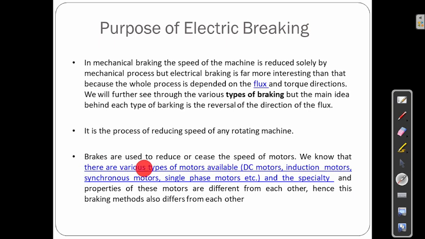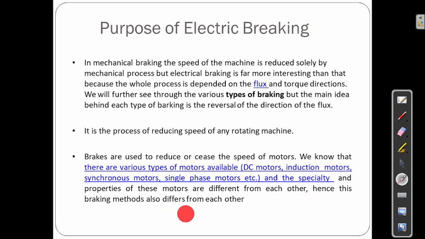Now, brakes are used to reduce or change the speed of the motor. We know that there are various types of motors available: DC motor, induction motor, synchronous motor and single phase motor, and the speciality and properties of these motors are different from each other.